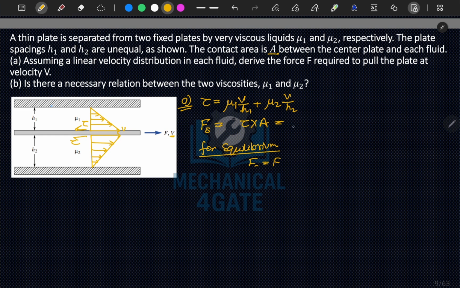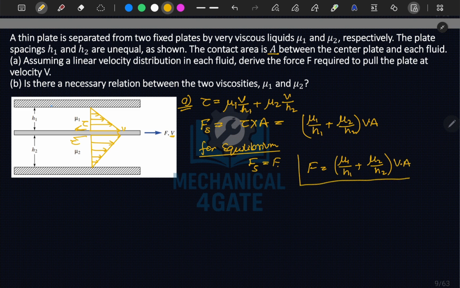Now this will be your mu1 by h1 plus mu2 by h2 times V times A. Now Fs is equal to F, so we can write from here that F is equal to mu1 by h1 plus mu2 by h2 times V times A. So this is your total force required to pull the plate at a velocity V.